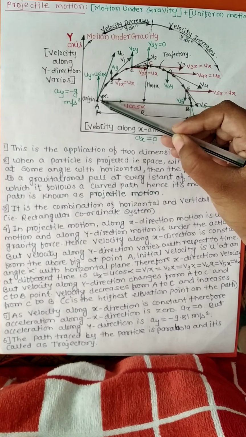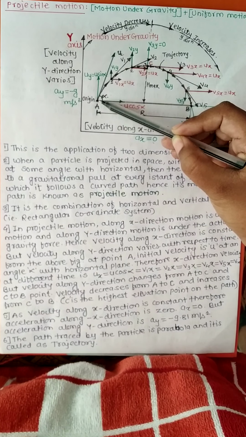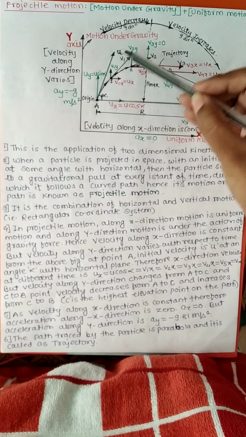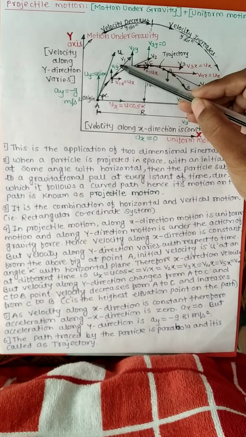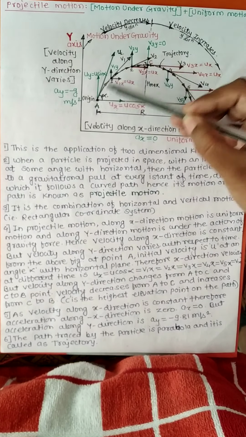The velocity of the projectile initially at point A is defined as u, and it is also called velocity of projection. Angle alpha defines the inclination of this velocity with respect to the horizontal axis. Therefore, angle alpha is called the angle of projection.